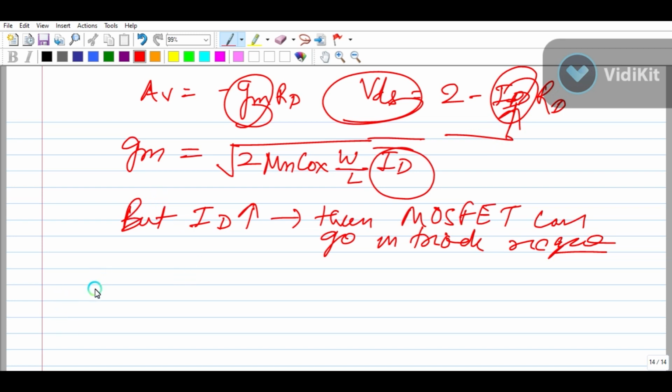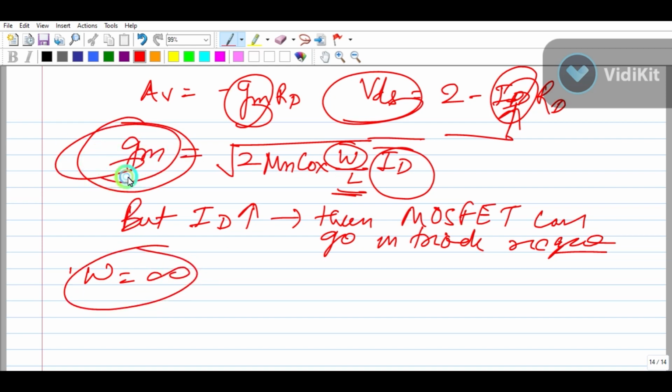Okay. So now what is next? You can increase W. So by increasing W, you can increase GM. But can you increase W up to infinity and get infinite GM, very high GM, meaning very high gain? No, that's not true.